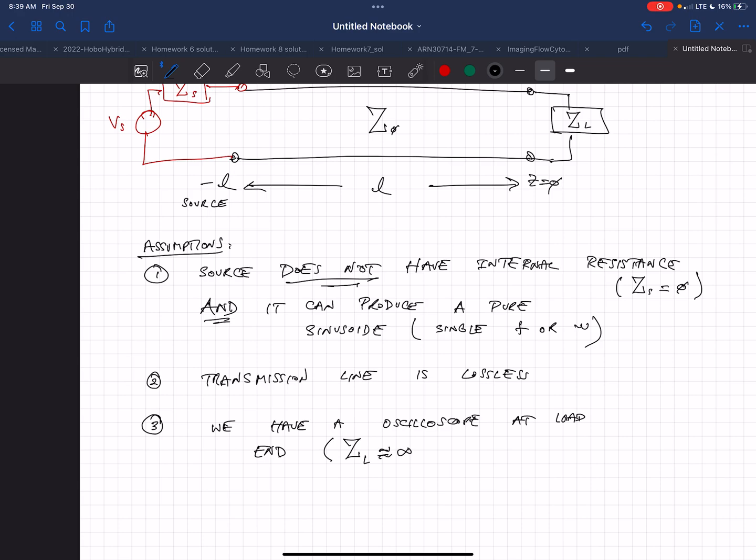It's very high. This is the same as saying it's an open circuit, and that means the reflection coefficient is +1 and V0 minus is equal to V0 plus.